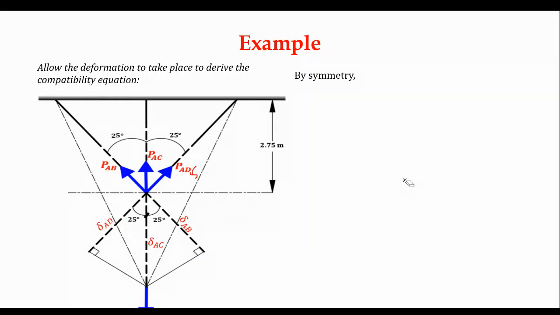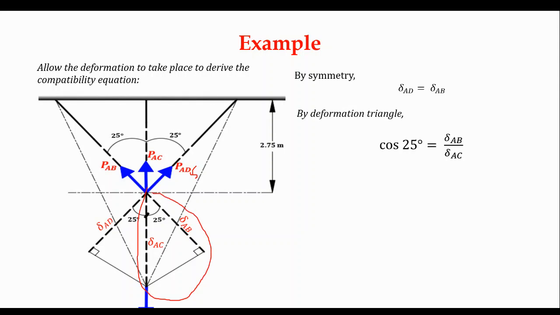Okay, so what's next? By symmetry, we can just say that the deformation in AB is equal to the deformation at AD. And then, by deformation triangle, where is the deformation triangle, guys? You can choose either of the two. It can also be the other one, as long as it's a right triangle.